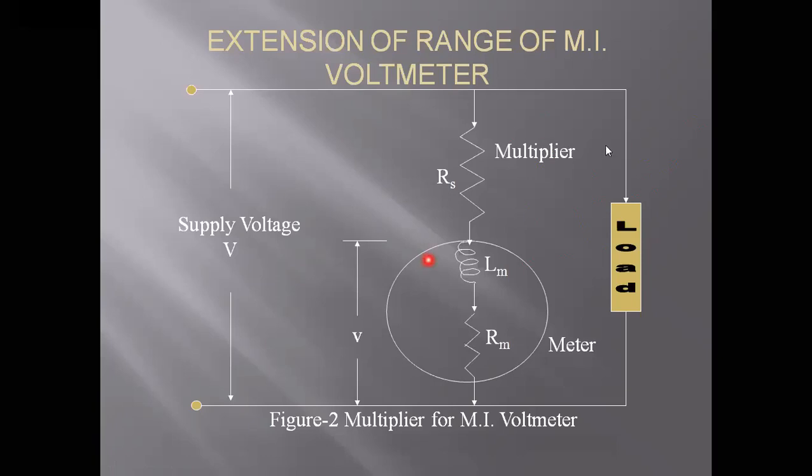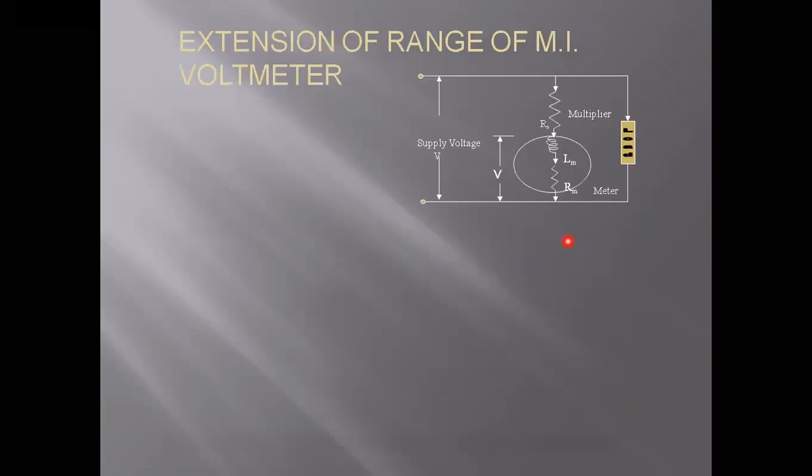So here I'm not showing Ls because it is very negligible. I'll take it as 0. And here I have Lm and Rm. Why do I have to show L? Because we are trying to measure AC quantities. Hence, inductor will come into the picture.